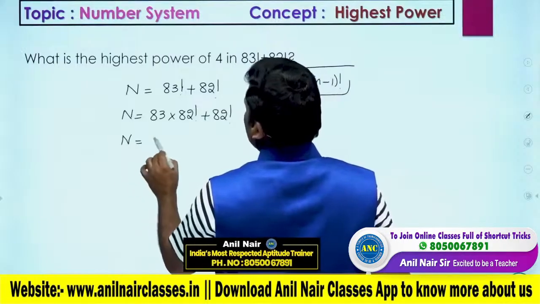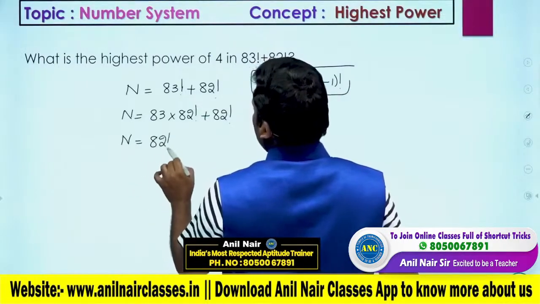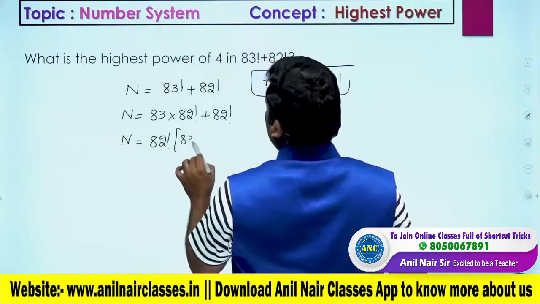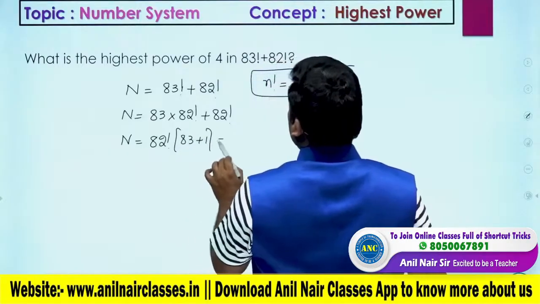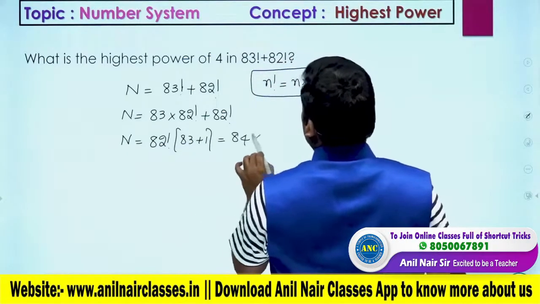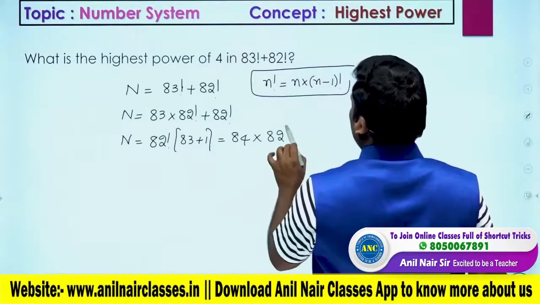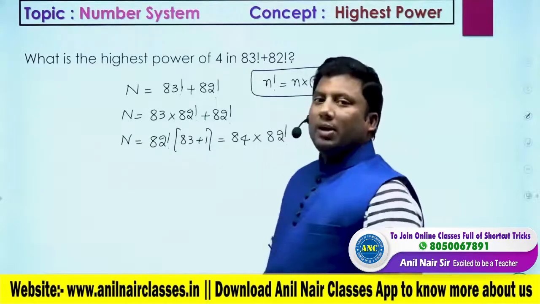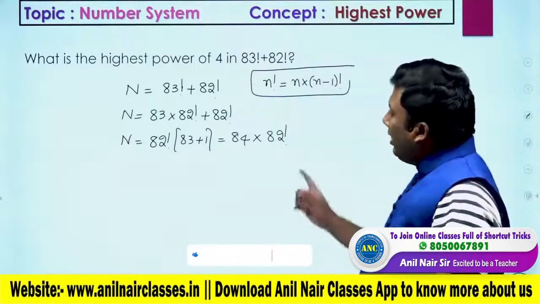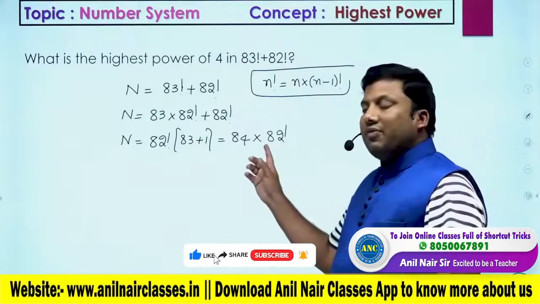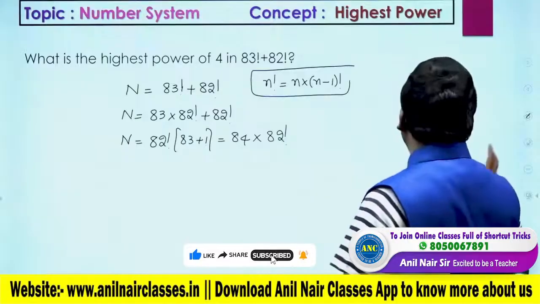If I take 82 factorial common, 83 plus 1 will be 84 into 82 factorial. So 83 factorial plus 82 factorial is equated with 84 into 82 factorial.